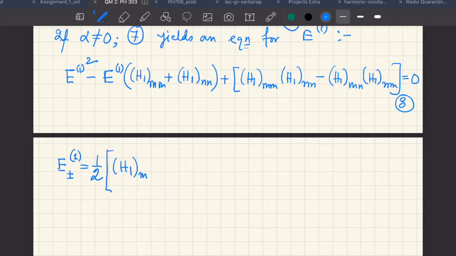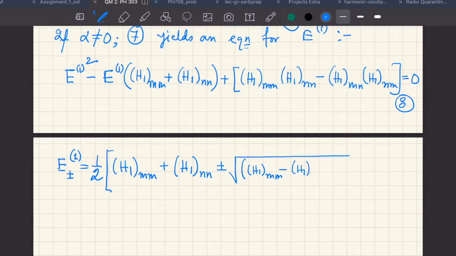So this is going to give us H1 mm plus H1 nn, plus or minus the square root of H1 mm minus H1 nn whole square plus 4 times mod of H1 mn whole square, keeping in mind that H1 mn and H1 nm can be complex conjugates of each other.